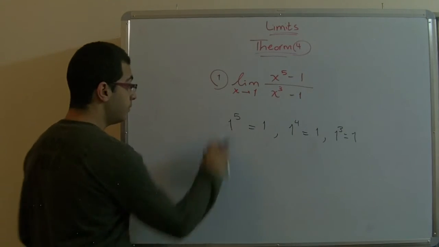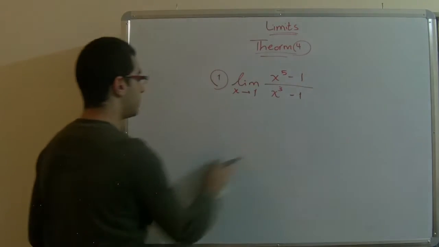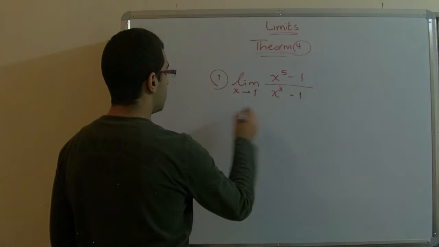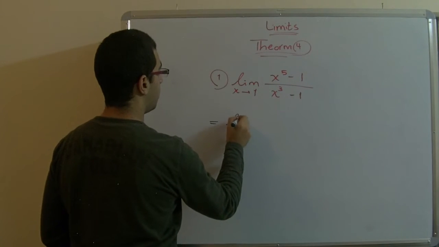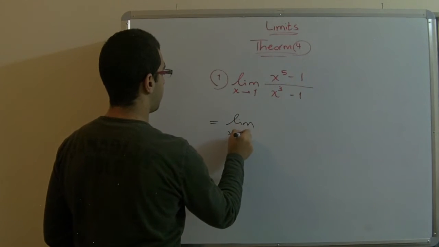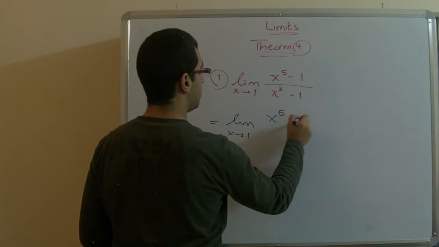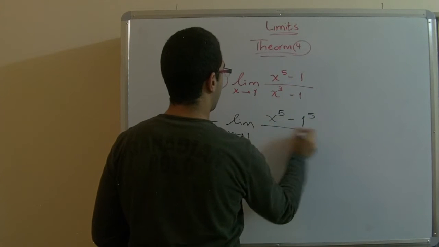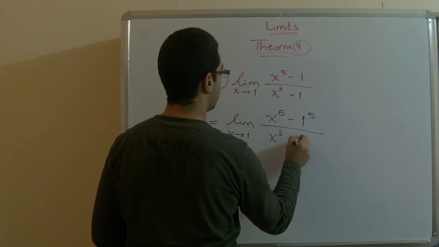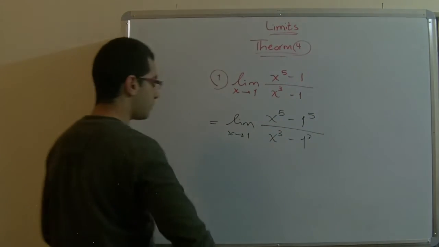Okay, so we will write our problem here. We have the limit as x approaches 1. We will write it this way: x to the power 5 minus 1 to the power 5 over x to the power 3 minus 1 to the power 3.